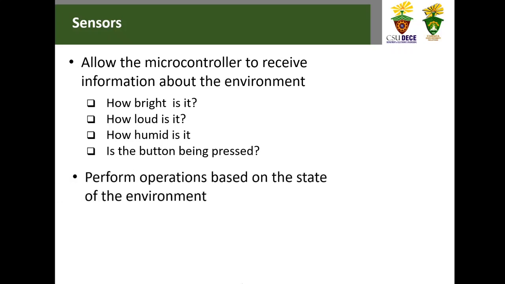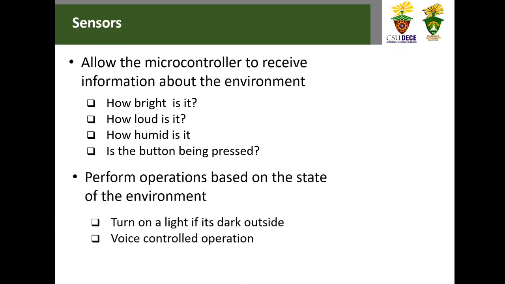Then basically these sensors are used to perform operations based on the state of the environment. So for example, at a certain level of brightness, if it is dark outside, we can turn on the lights, right?